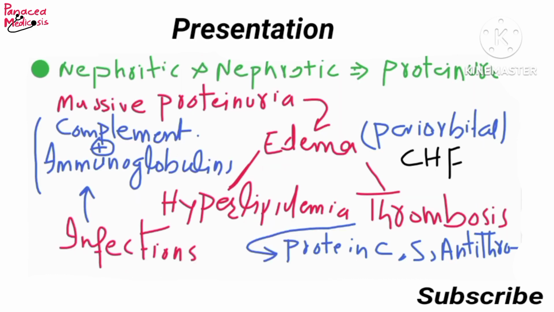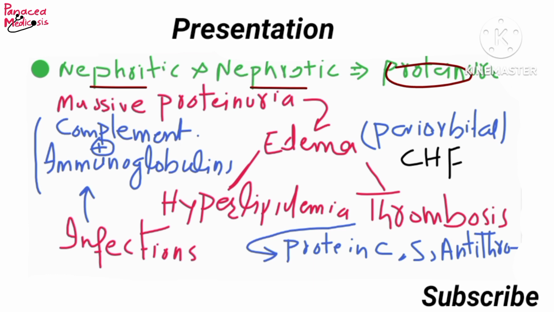So how does it present? The major difference between nephritic and nephrotic syndrome is the amount of proteinuria. The massive proteinuria can lead to edema, characteristically periorbital edema.